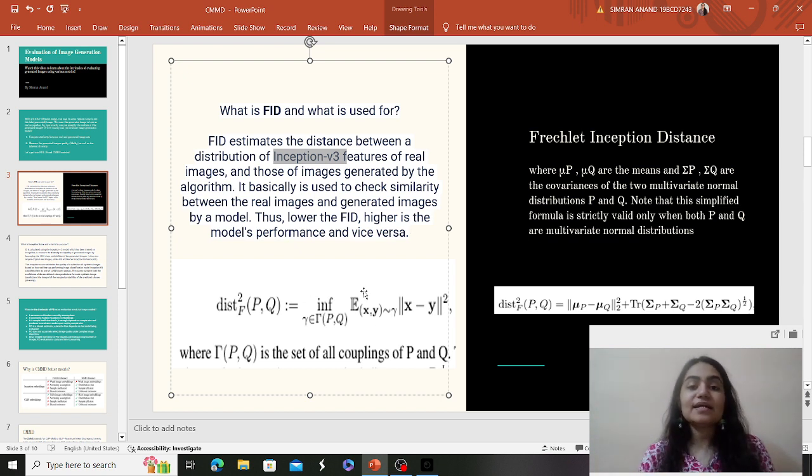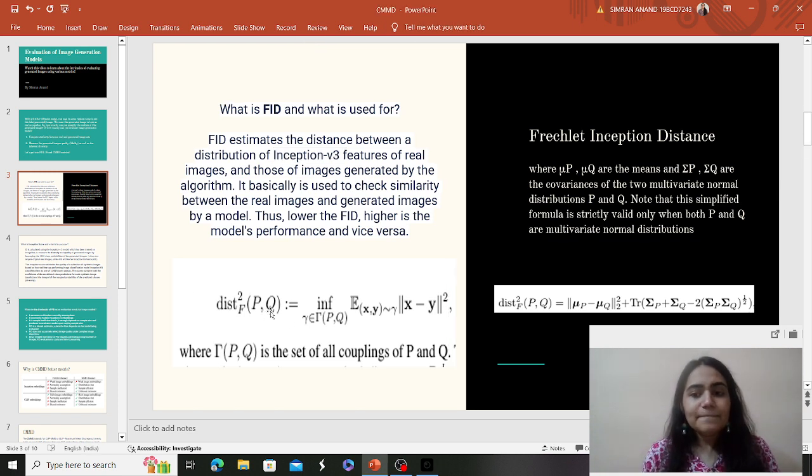This is the mathematical formula of FID. When I say FID, it's basically this formula where you have P and Q as the two multivariate normal distributions. Now why am I using multivariate normal distributions for P and Q? Why is that assumption there? I hope you are all aware of different statistical distributions, right? That you have the normal distribution and some distributions which are not normal.